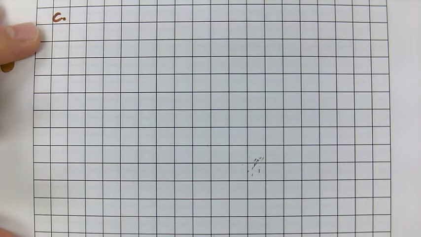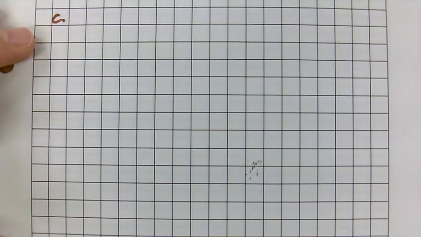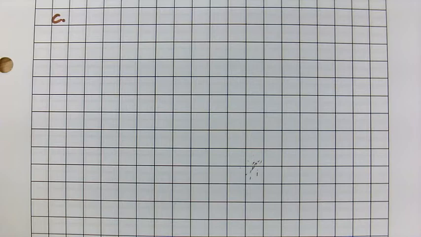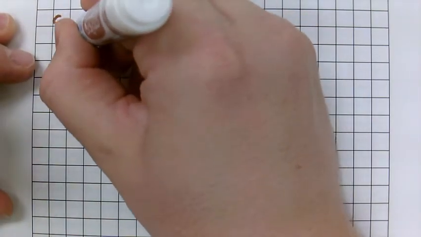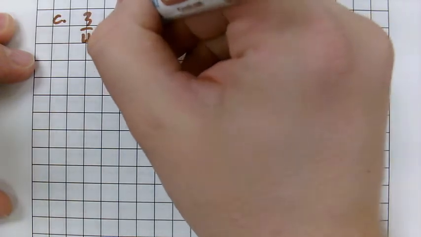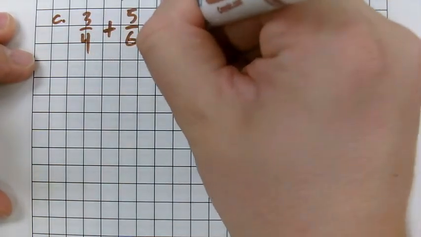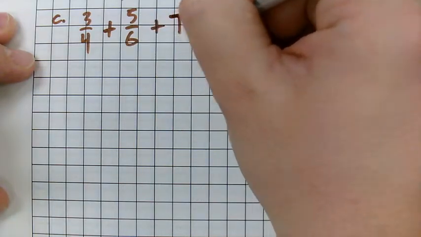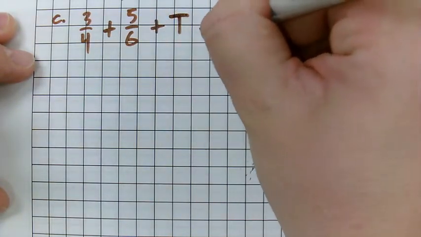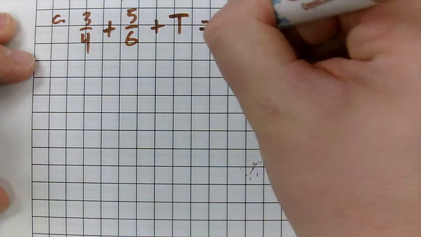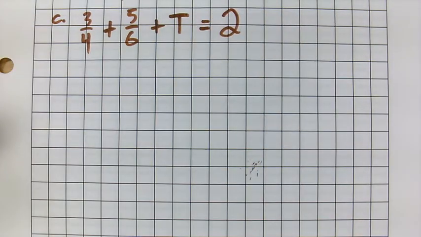So if we didn't know those part A and part B yet, but we were just given the information and tried to solve, we would know that 3/4 of an hour was Tuesday, plus 5/6 of an hour was Wednesday, plus Thursday, I'm going to use a capital T as my variable. That would all equal 2 because it was 2 hours in total.